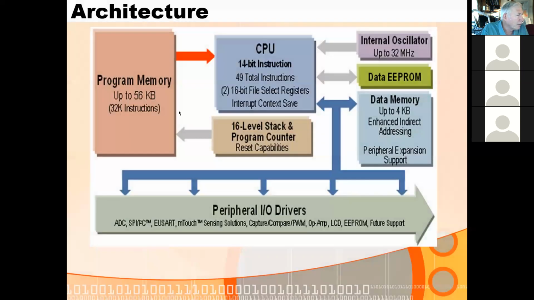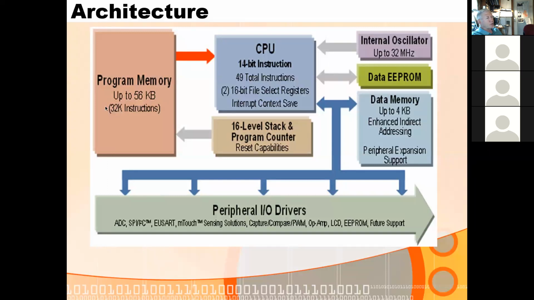And so here's the basic architecture of our chip. It has program memory. Now, our program memory is only 8 kilobytes. You can have up to 32K of instructions. Remember, each instruction is 14 bits.